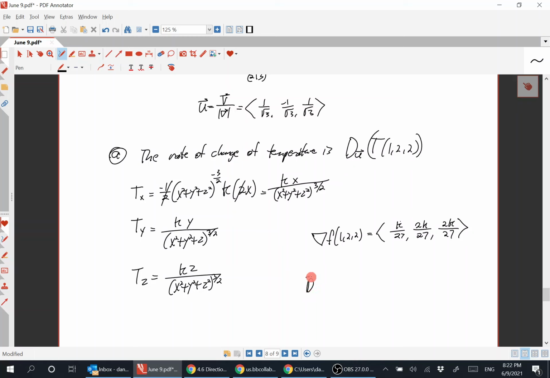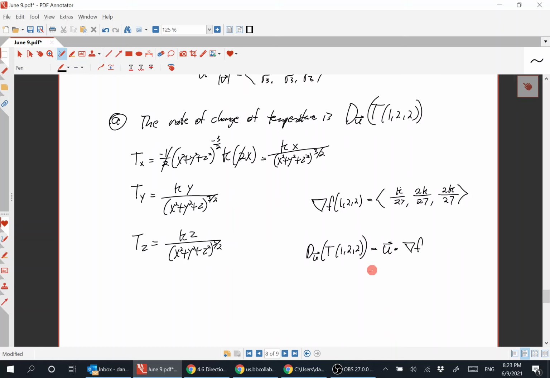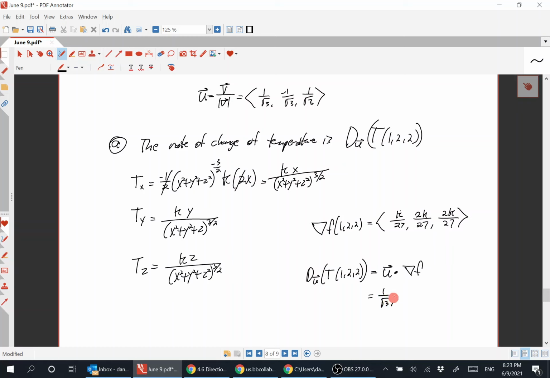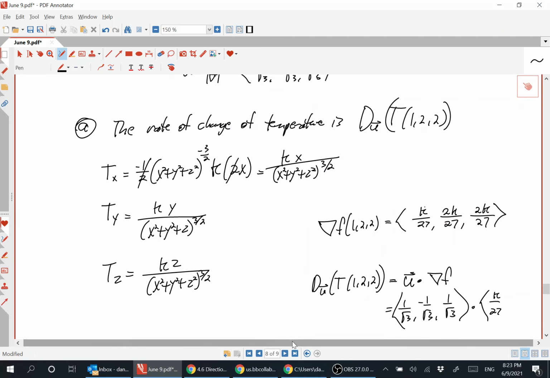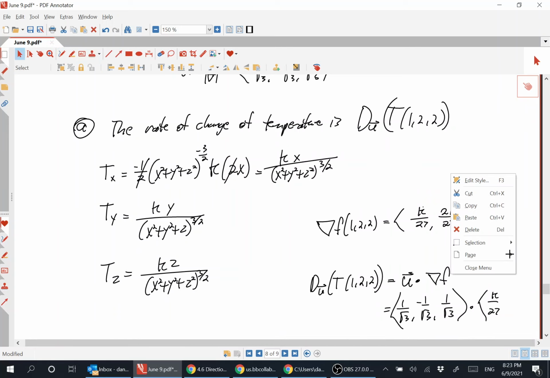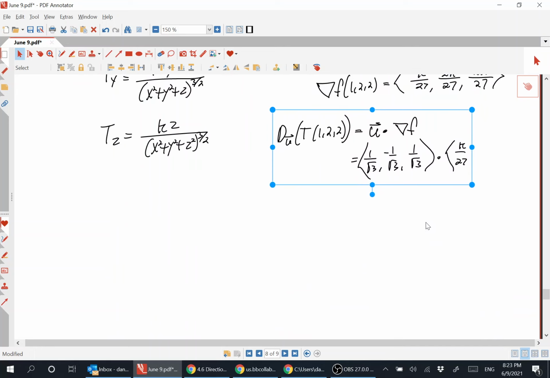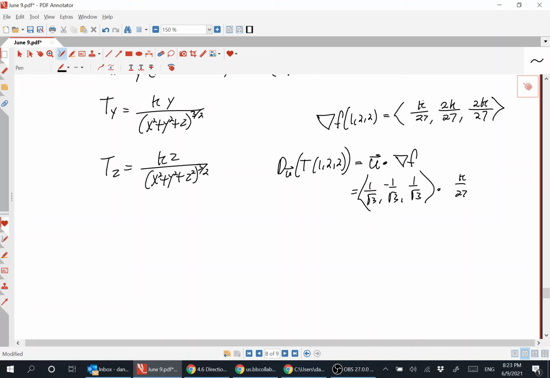So the directional derivative of T at (1, 2, 2), the rate of change of temperature, is u dot the gradient of T. So this is (1/√3, -1/√3, 1/√3) dotted with k over 27, 2k over 27, 2k over 27.